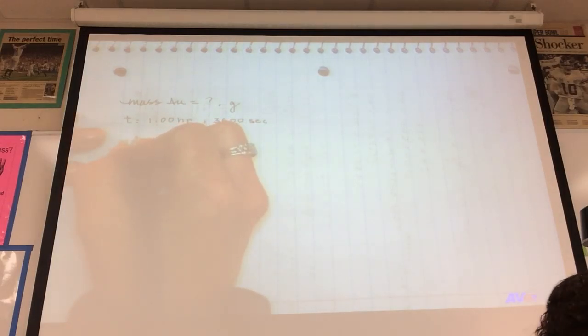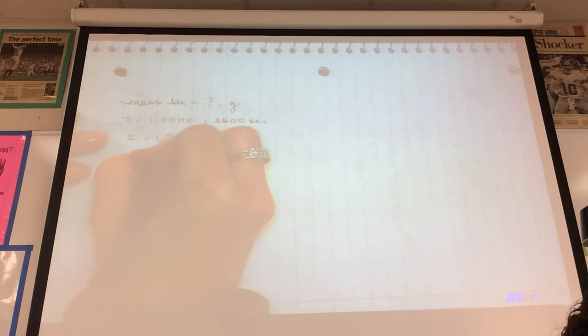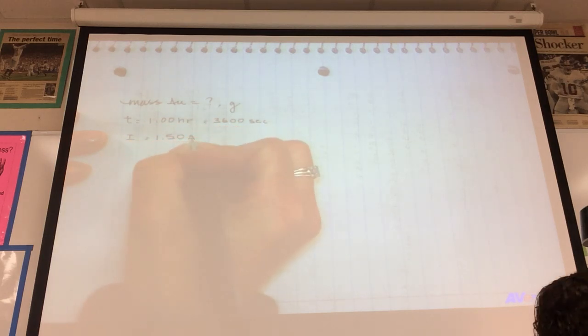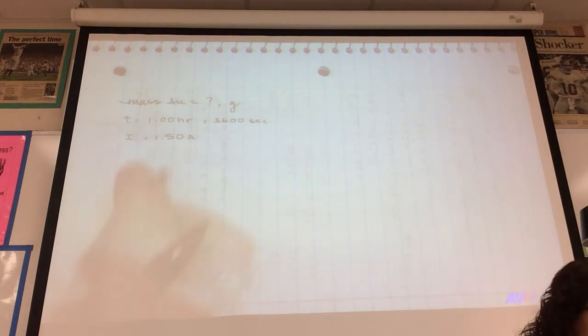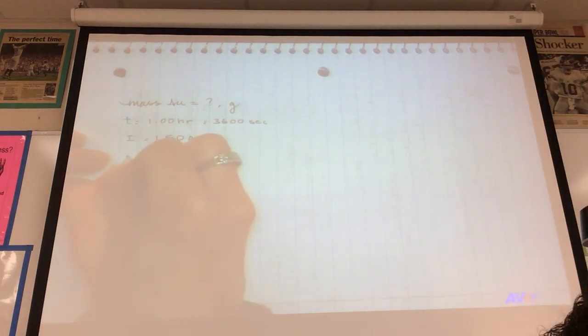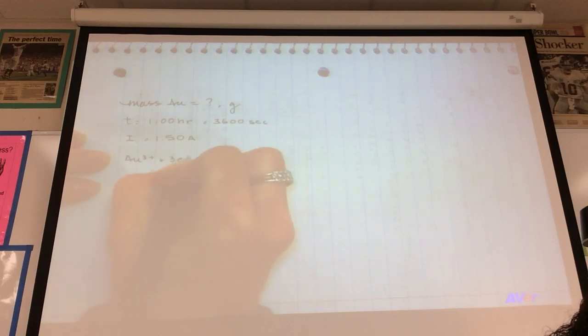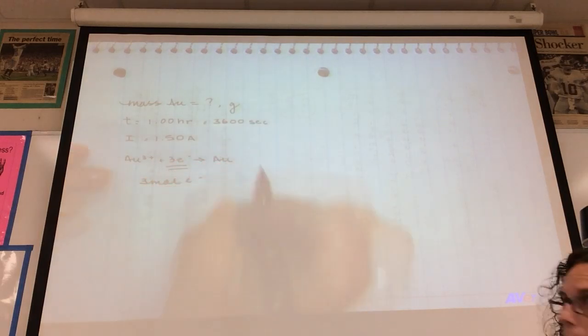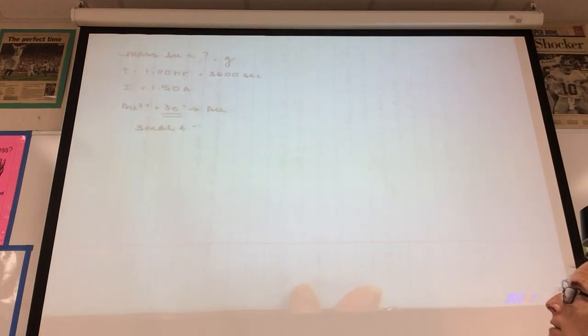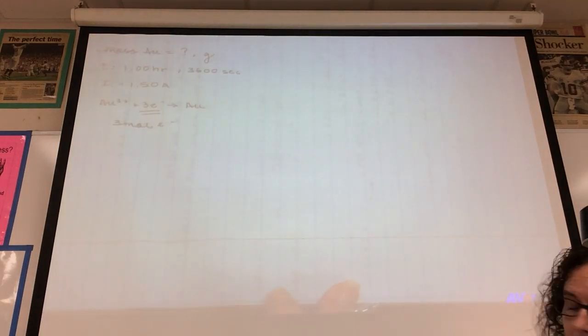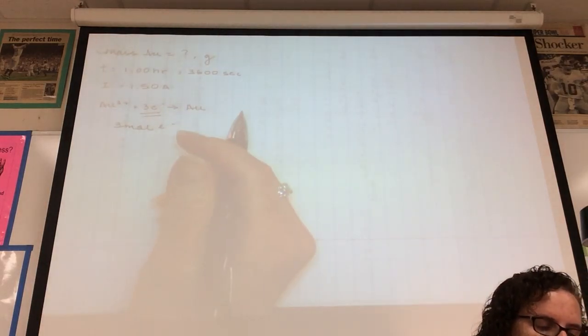And the current, which is I, is 1.50 amps. The only other piece of information they've given us is that gold 3 ion will gain 3 electrons to generate gold. And right here you know that you have 3 moles of electrons. So that's what's given, and now we're going to work it.